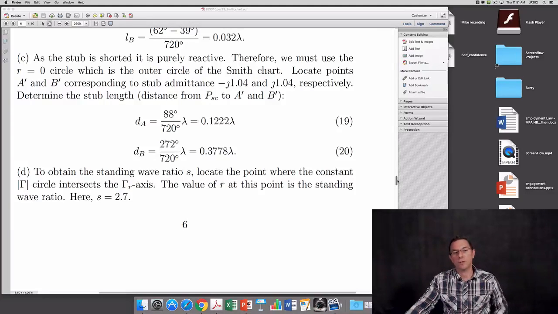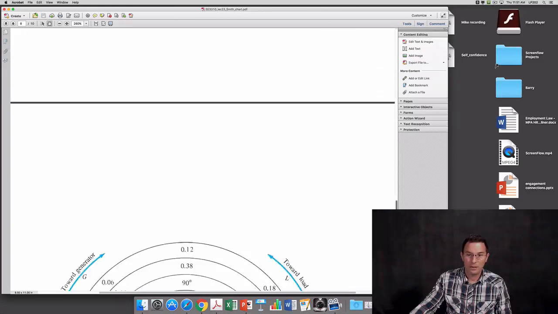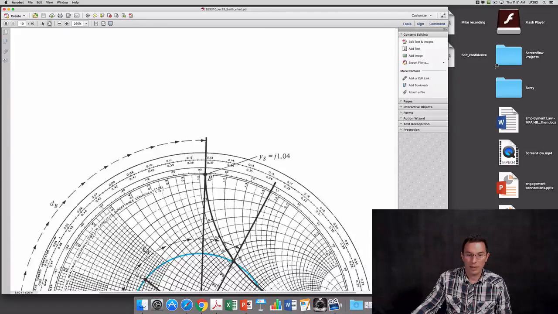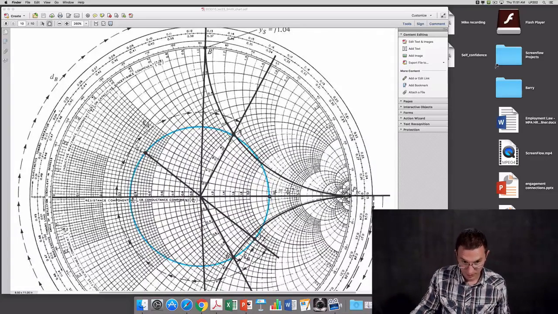Okay, last question. We need to obtain the standing wave ratio S. In order to do that, locate the point where the constant magnitude of gamma circle intersects the gamma R axis. Really easy. You can just read it right off. So to find the standing wave ratio S, here is our constant magnitude of gamma circle, the blue circle. And you just look right here and see where it intersects the horizontal axis.